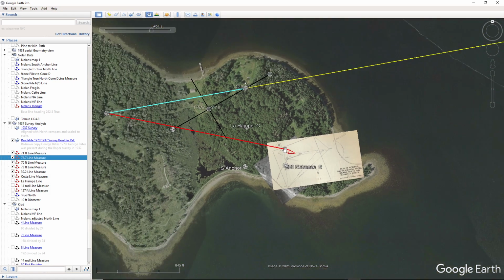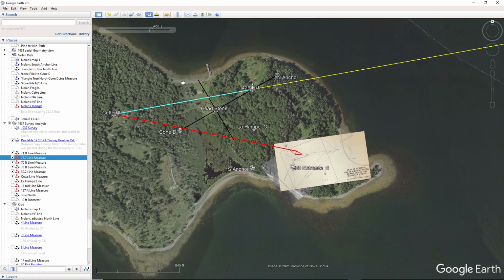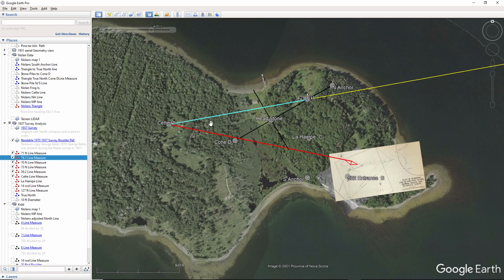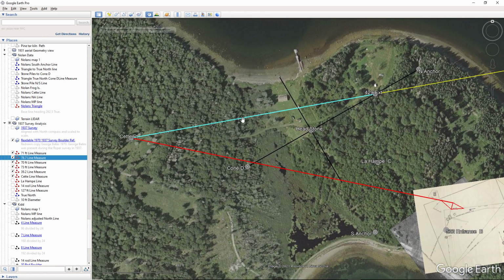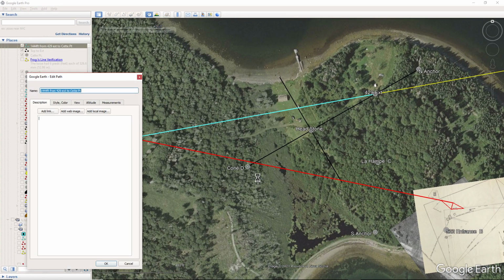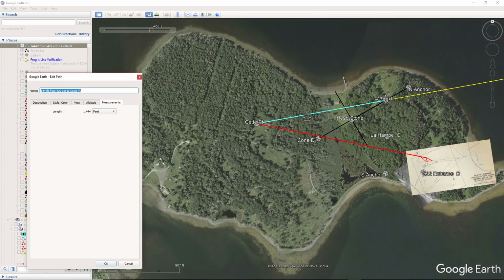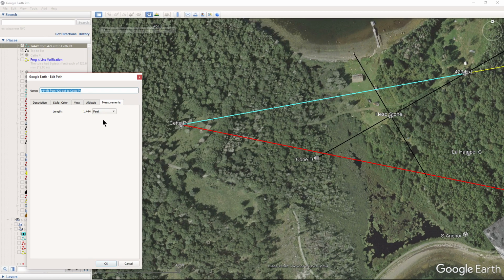Now, the set point is an interesting point because it establishes this scale, and this scale right here is 1,444 feet from this extension point, which is the extension point is cone D to the headstone to here. It's this distance mirrored over to here, and this is what gave us our scale, and it's 1,444 feet.